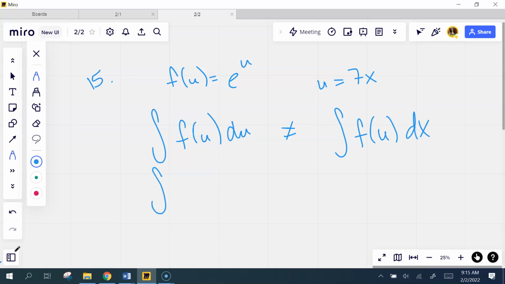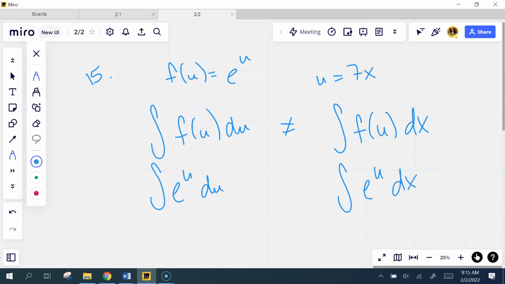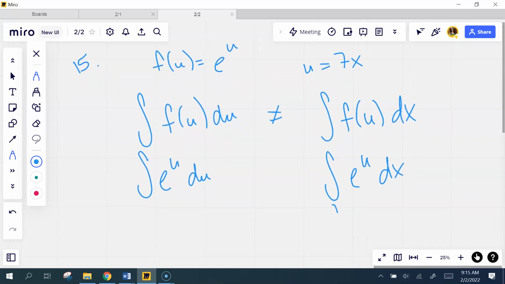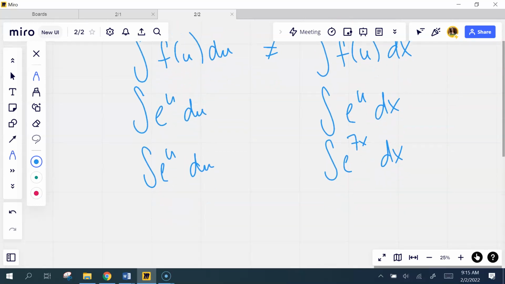So this is the integral of e to the u dx, so I'm going to replace that u with 7x. Now I can do the antiderivative. So here, e to the u plus c.